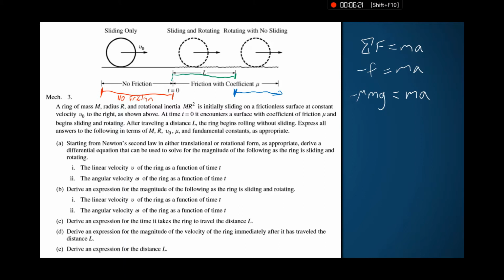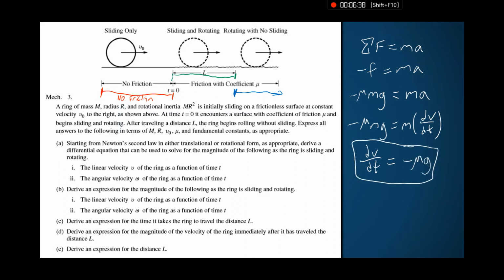Perfect, that's a differential. Okay, so negative mu mg equals m dv over dt. Okay, so what's our final answer? Minus mu g is dv over dt. Okay, so that's our first part. I wrote kind of big. I think I'm just going to add a couple slides once we get to it.